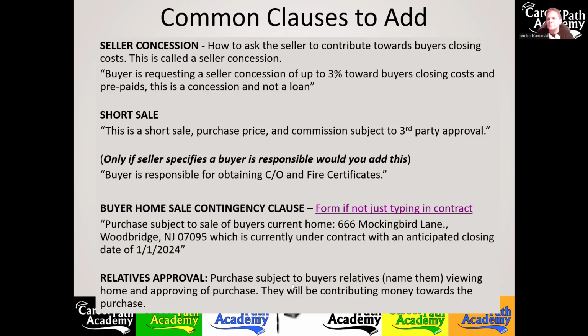You really should do this before you ever write the contract, so you don't need to put this clause in there. Because like I said, your objective should be to submit a contract as contingency-free as possible. The more contingencies you add, the less desirable this contract is to the seller.